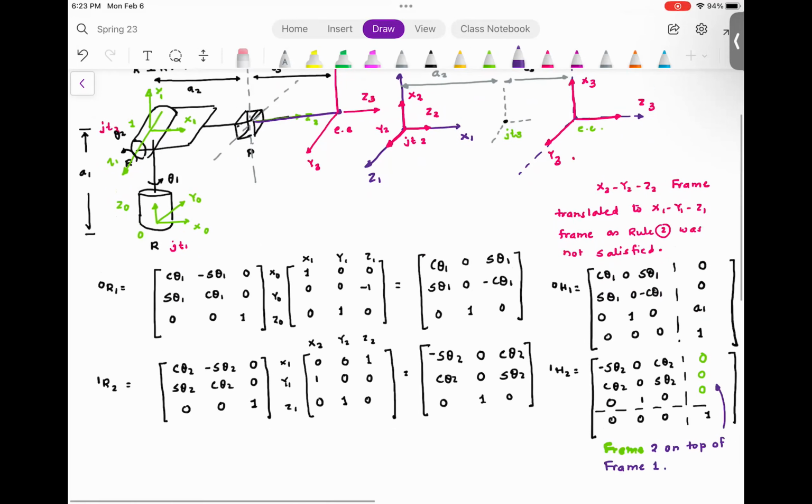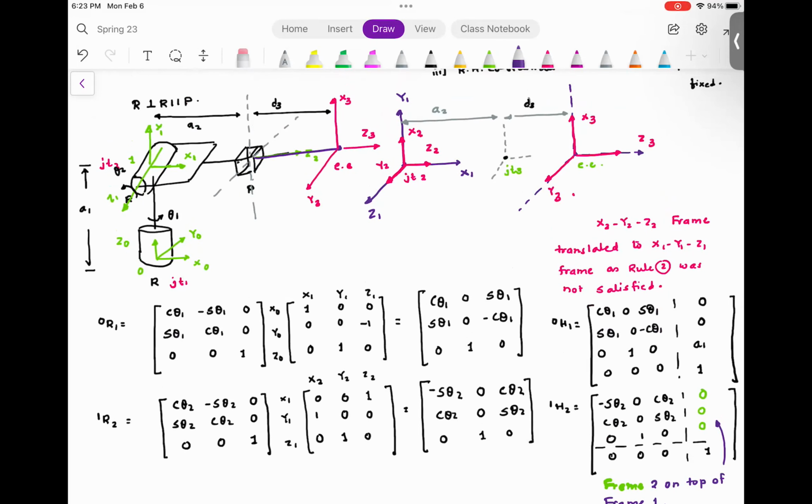Now comes the last joint. Now please understand, the last joint is a prismatic joint. There is no rotation. So when the joint is a prismatic joint, the rotation matrix is going to be identity. Everyone understood this? When the joint is a prismatic joint, the rotation matrix is going to be identity.